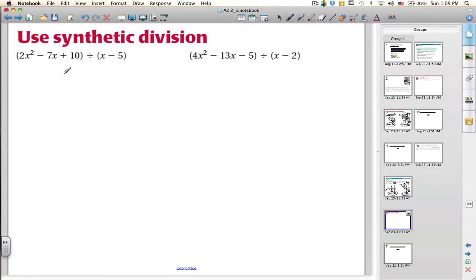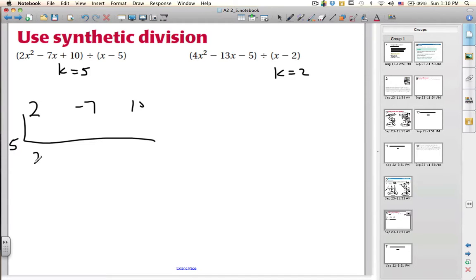So if we go ahead and do this, let's practice a little bit. In this case, k is equal to 5, and over here k is equal to 2. I'm going to bring my coefficients down, 2, -7, and 10. I'm going to take my k value of 5. I add down. 2 plus 0 is 2, times 5 is 10. -7 plus 10 is 3. 5 times 3 is 15.